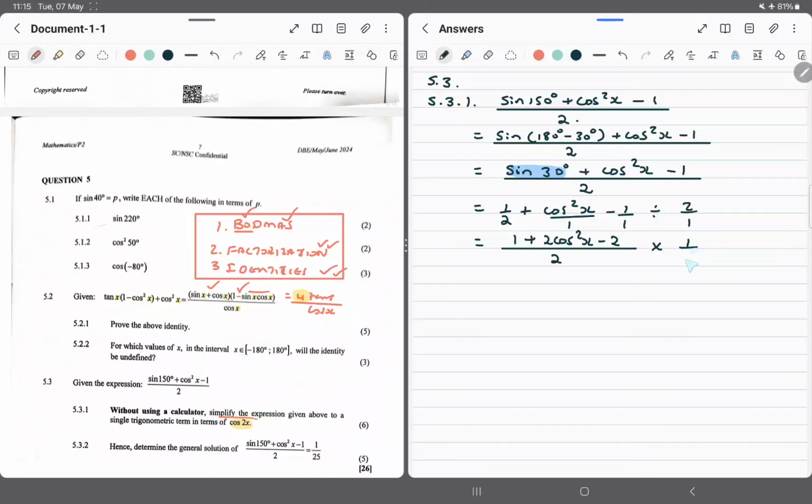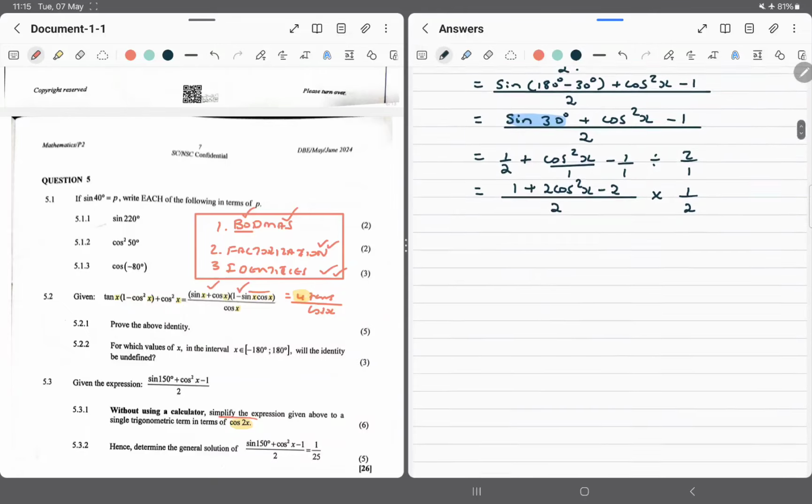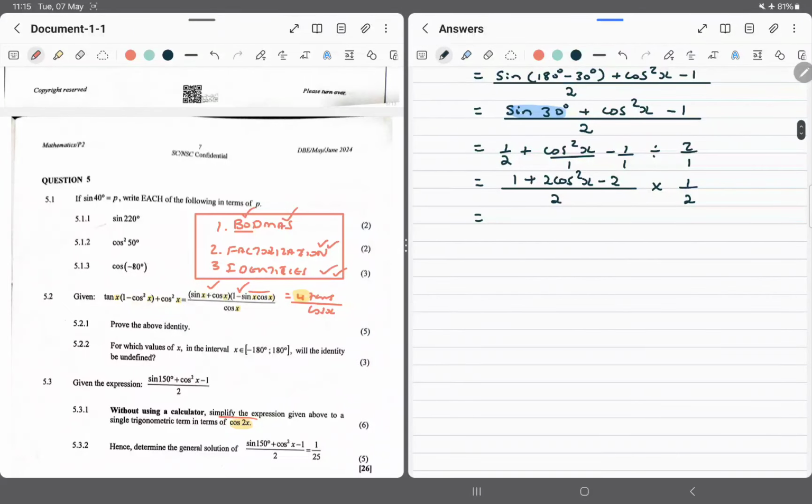We can convert this to its reciprocal when we multiply. Now we sort out like terms. 1 minus 2 is minus 1. So this is 2 cos squared x minus 1 divided by this multiplied by that, it's 4.